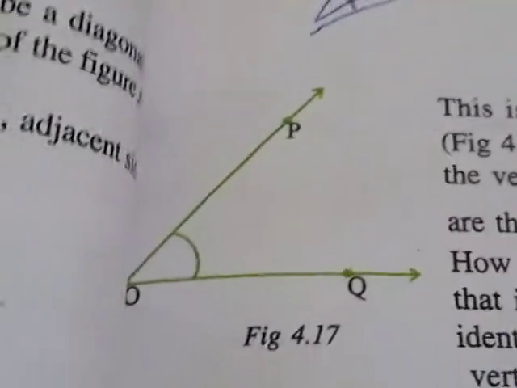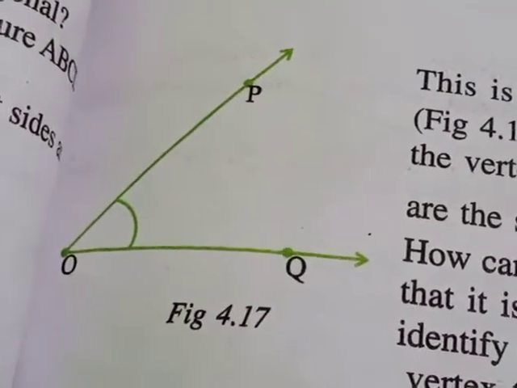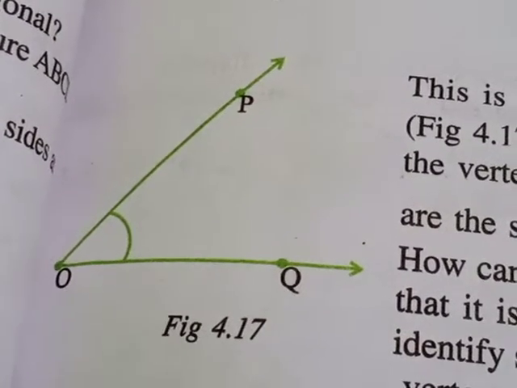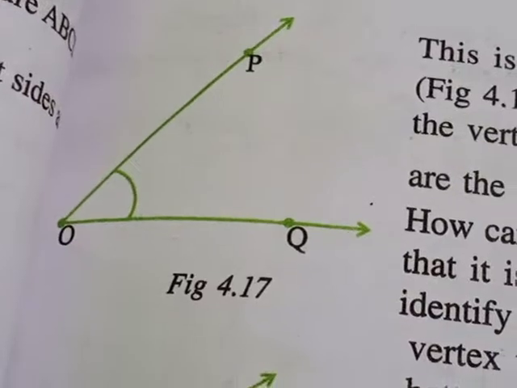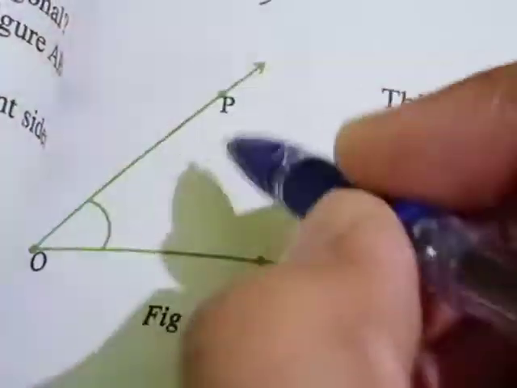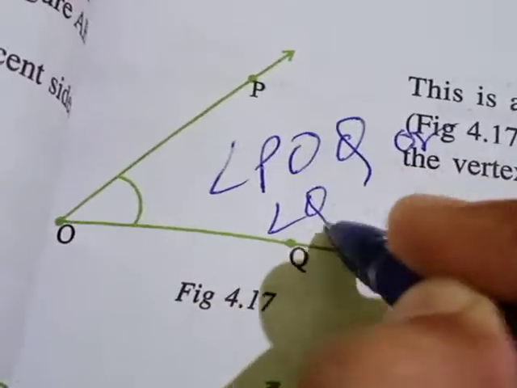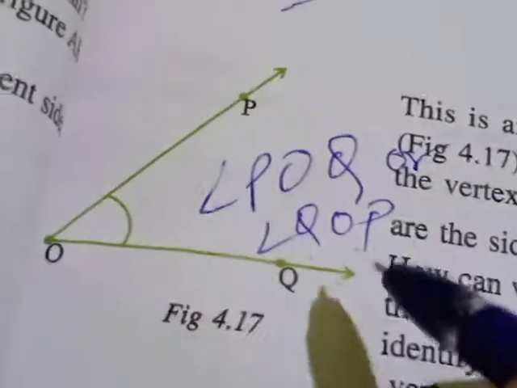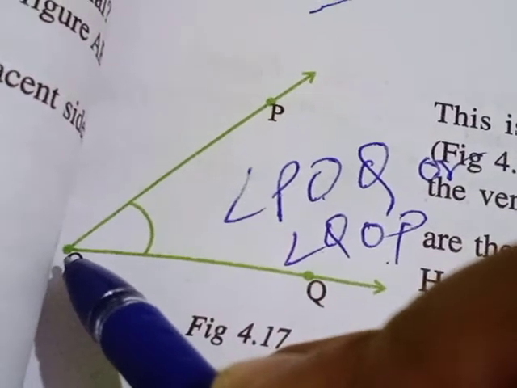Clear? If you see here also, this example I gave you with ABC, you can see here POQ or QOP. Every time we can say POQ or QOP, like this. You see, angle POQ or angle QOP. Why? Because O is the vertex, the common meeting point, right?